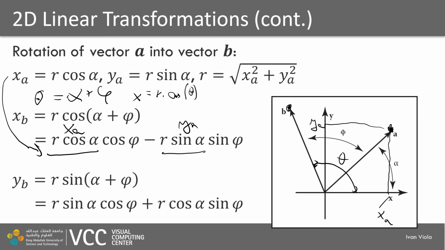So if we would like to now change A into B, this is the way we can get from the coordinates of point A to the coordinates of point B, and that is through a multiplication with cosine phi, the angle spanned between the vector A and the vector B, and for the y, minus the y coordinate of the point A multiplied by sine phi.